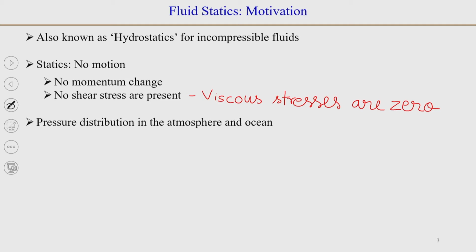There are a number of applications where these principles of fluid statics need to be applied. The first one that I have listed here is pressure distribution above the earth surface and below the earth surface. As we know, P is proportional to rho g h, where h is the height or it may be depth. So, when we go up in the atmosphere, the height increases.